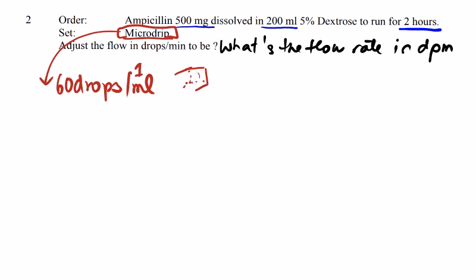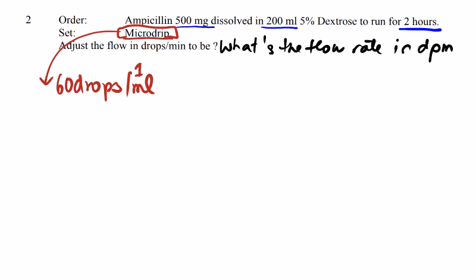So anyway, we use the micro drip, which is the 60 drops to the mil set. So this gives us a ratio here, which is given.